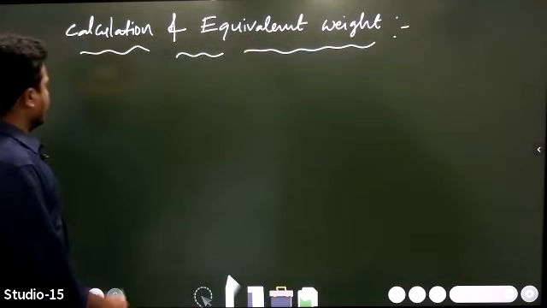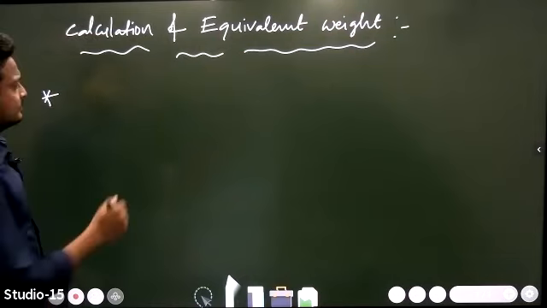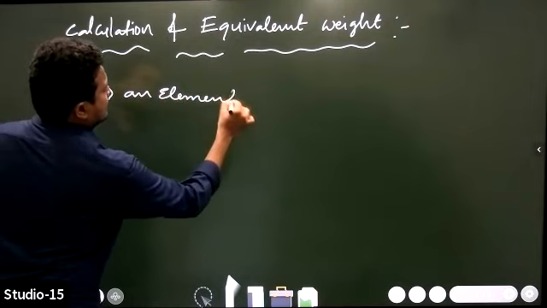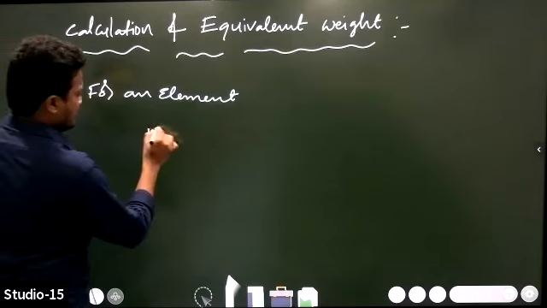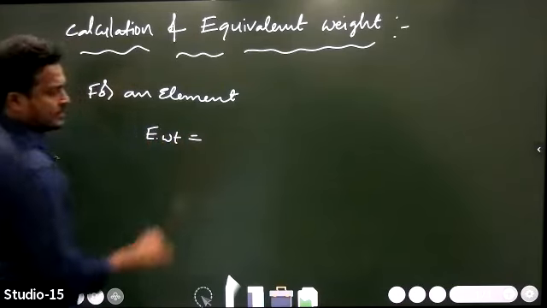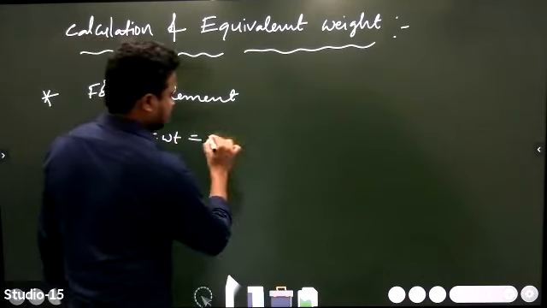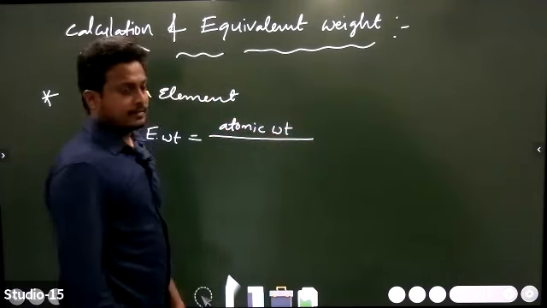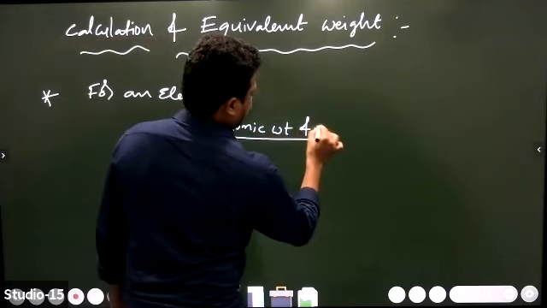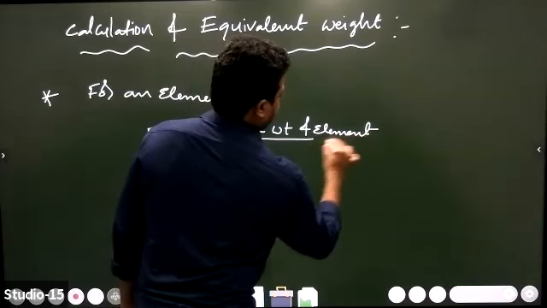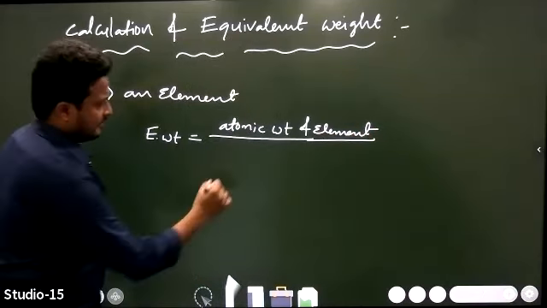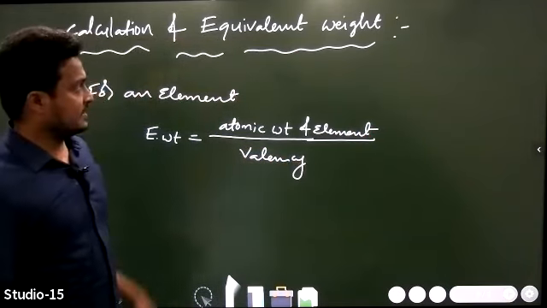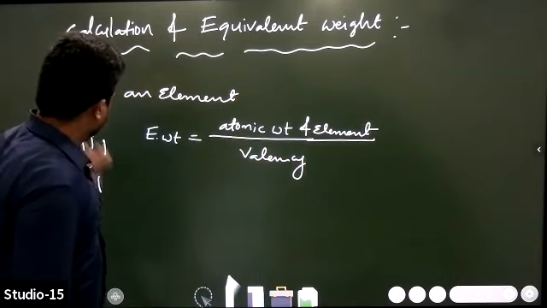First, for an element, equivalent weight is equal to atomic weight of the element by valency. Atomic weight by valency.